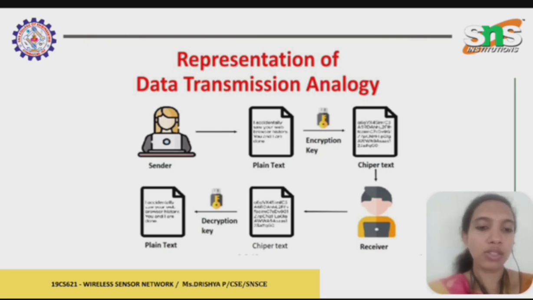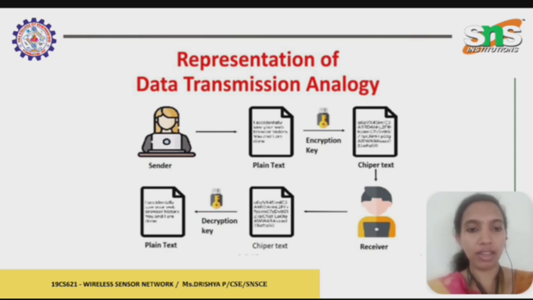So the sender transfers a plain text, that is the original data, and it is combined with the encryption key, and then it is converted into cipher text, an unreadable format for any attackers. The receiver receives the cipher text, uses the decryption key, and converts the cipher text back to the original data, that is plain text.